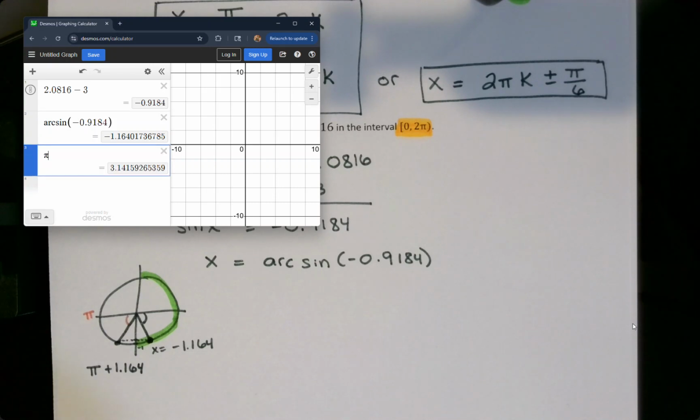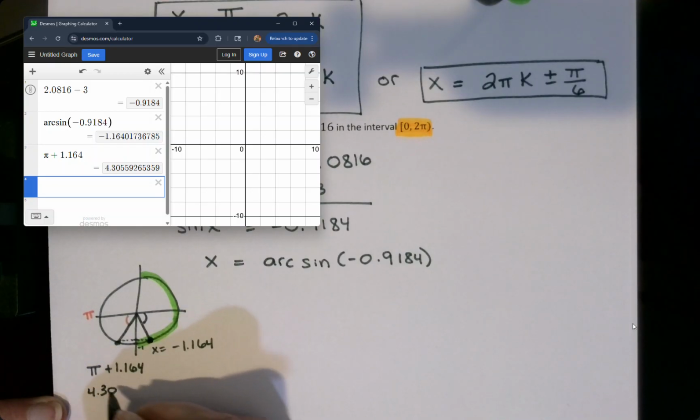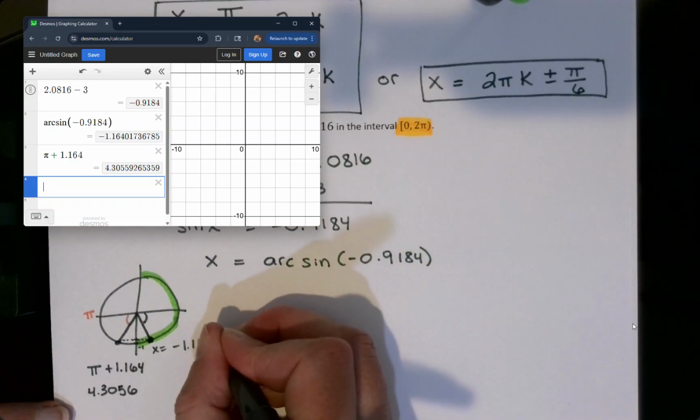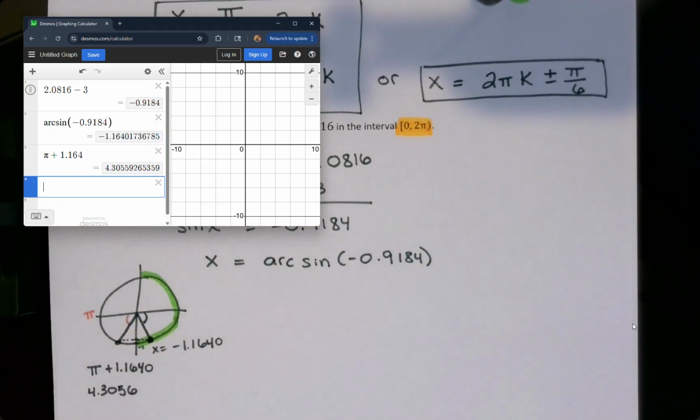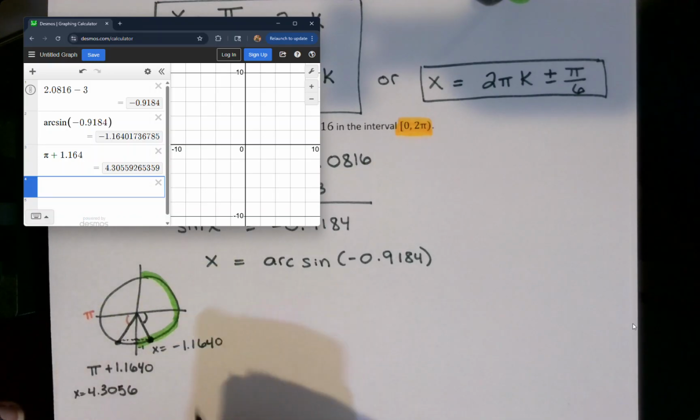So if we take pi plus 1.164, that ends us at the angle 4.3056. I was really rounding this to 4 places, even though I didn't write down the 0. It was my intention to keep 4 places, so I've still got my 4 places there on the 4.3056. Okay, so that's my angle.